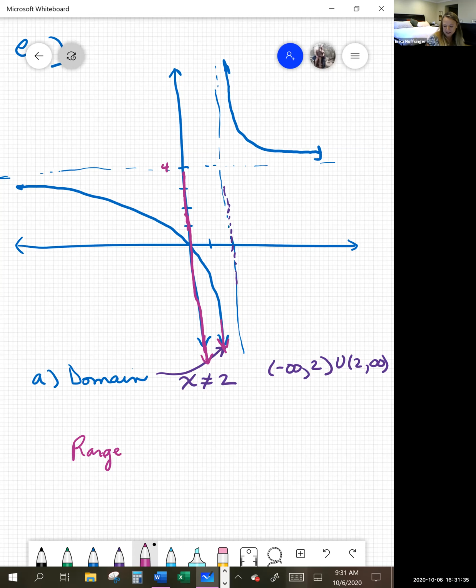I said it could cross it, but I made it so it doesn't. And then we're hitting all the y values from 4 to infinity, because of this piece right here. It's going up forever, so you're hitting all the y values going up. And so our range is going to be all values except y can't be 4. So from negative infinity all the way up to 4, parentheses, union, 4 to infinity.